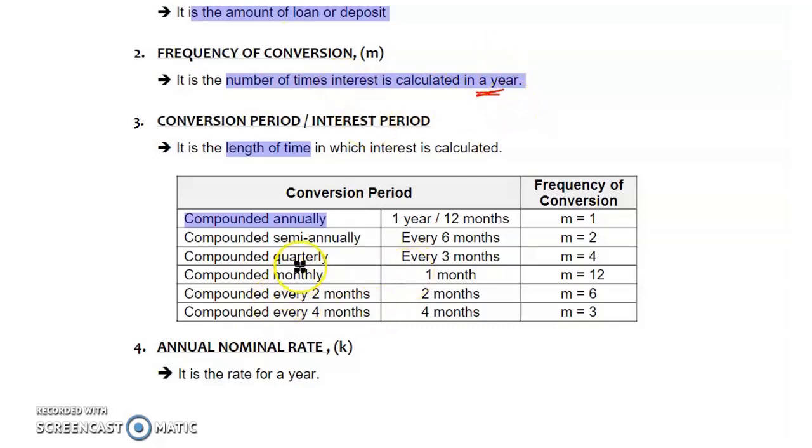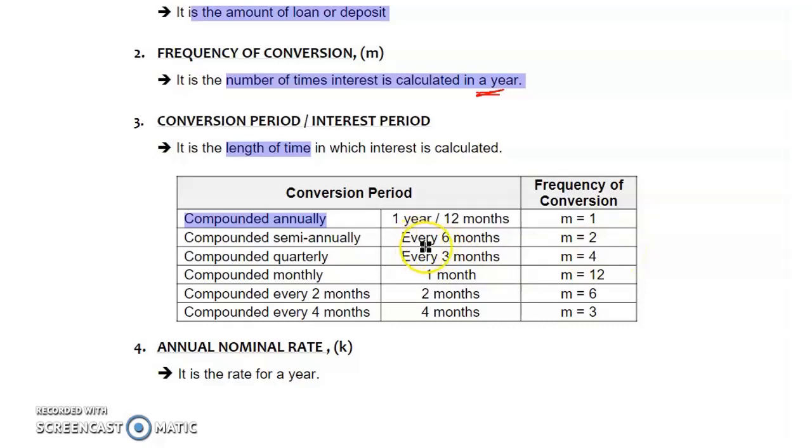Okay, next, compounded semi-annually. What is the conversion period? If semi-annually, we wait 6 months, and then the interest will be calculated. So the period is 6 months. Now look at frequency of conversion: M equals 2. How do we get M equal to 2?